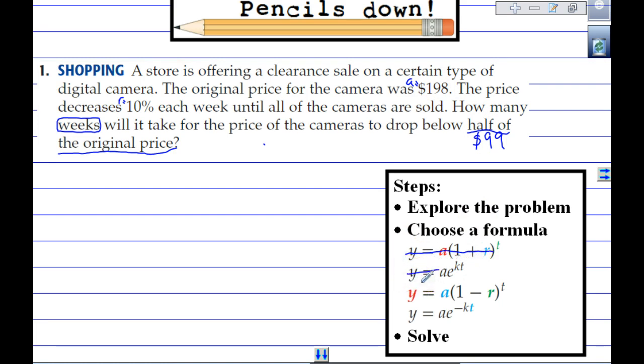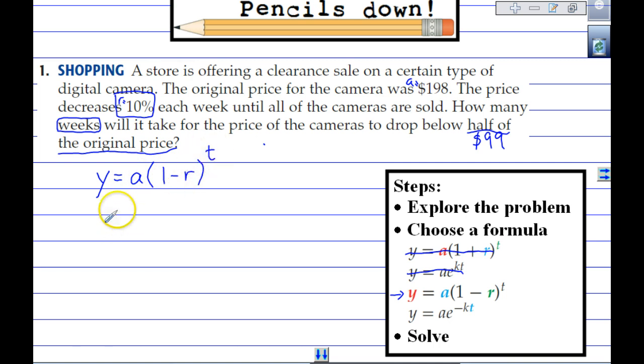The fact that they give us a rate of 10% lets us know that we're going to be using this one. So I'm going to start off with the formula, then I'll plug everything in.